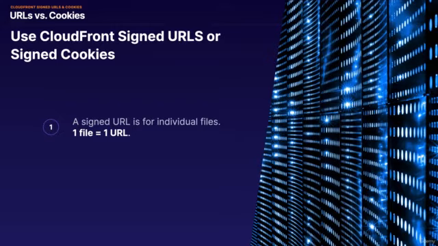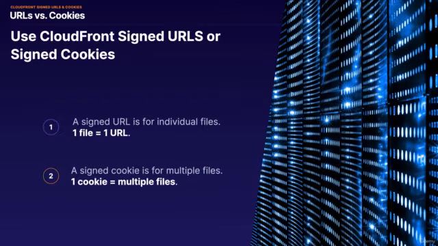We use CloudFront signed URLs where you've got an individual file. Say you want somebody to be able to access one individual file: one file equals one URL. If, however, you want that individual to be able to access multiple files, for example, if you log into A Cloud Guru you want to be able to view all the different lectures that we have, then instead of giving them a URL, you would give them a signed cookie, and then they can access multiple files.